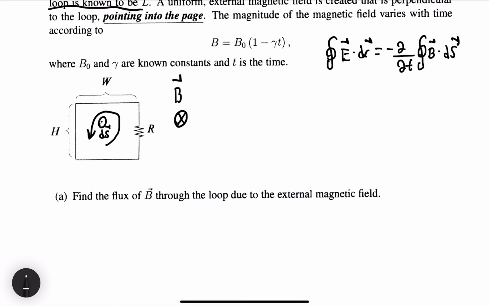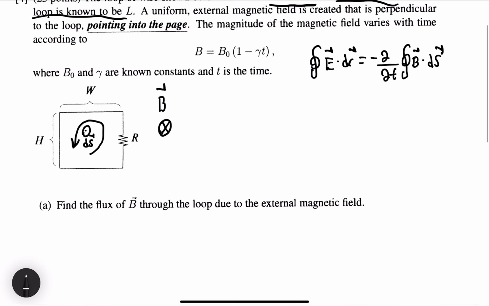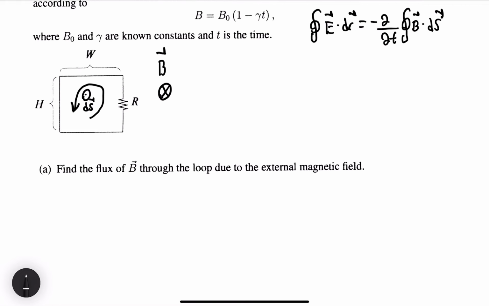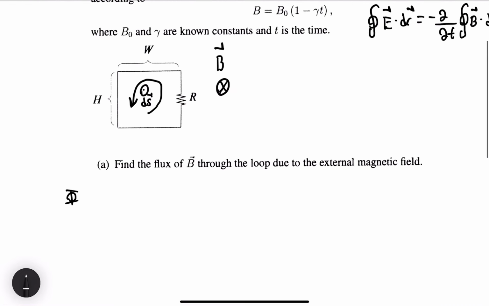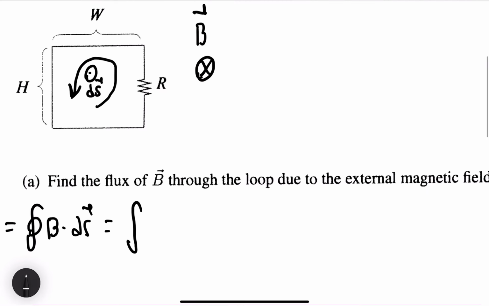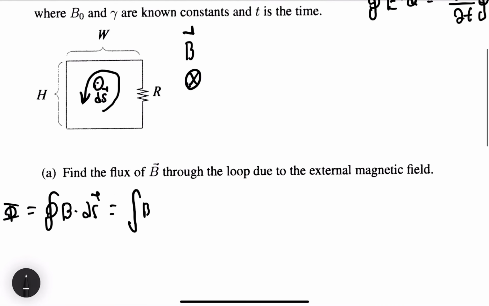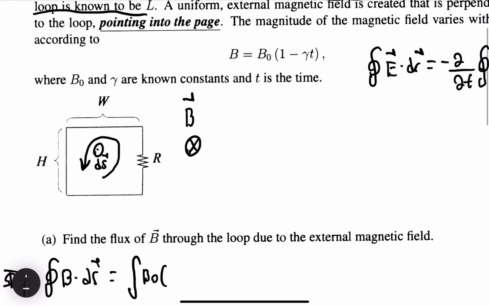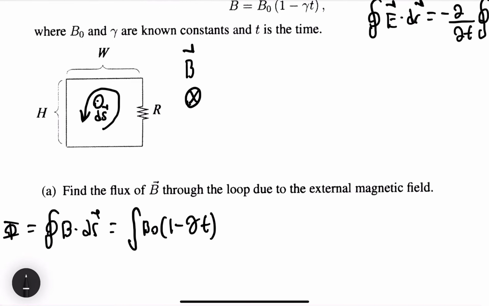I want to find the flux through B. Well, that's just going to be flux is equal to the integral of B dot ds. In this case, B is constant, right? It only depends on time. It doesn't depend on R. So that'll be B naught (1 minus gamma t) times ds, which is the area, just h, or we're integrating ds, so I'll leave that as ds.